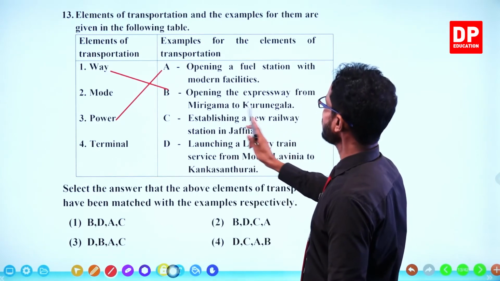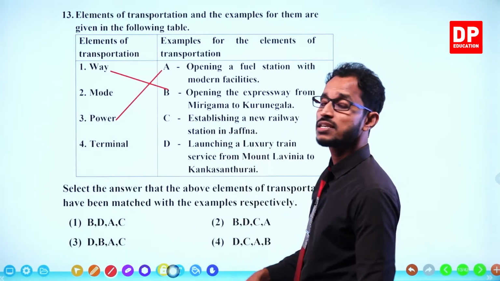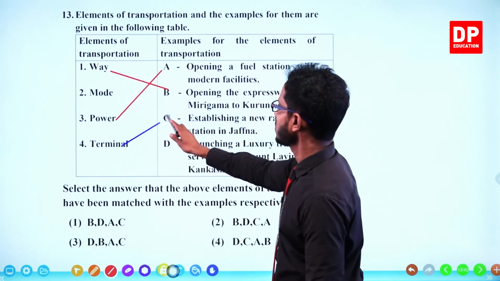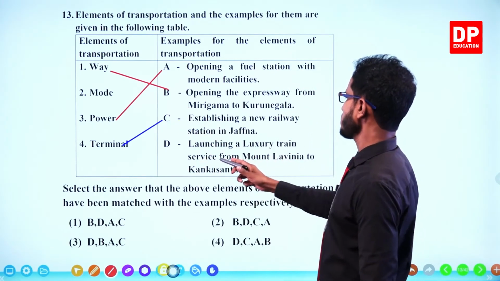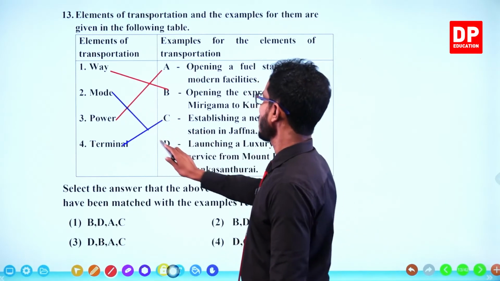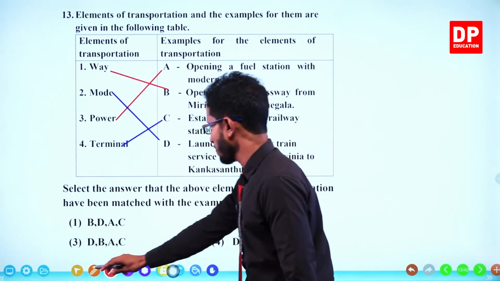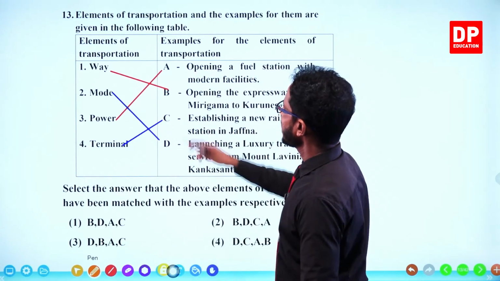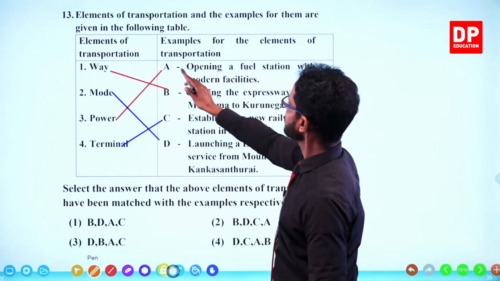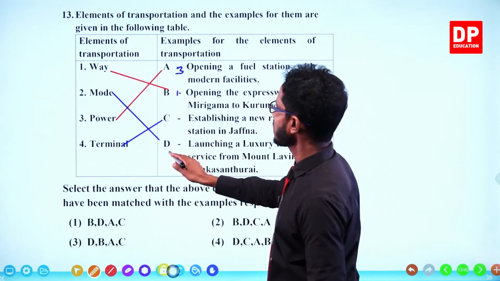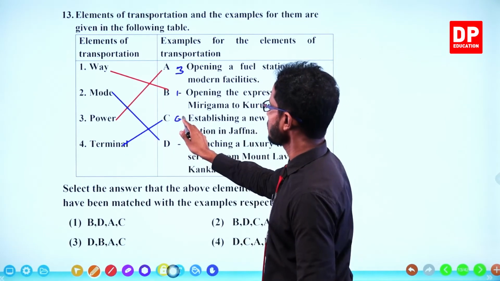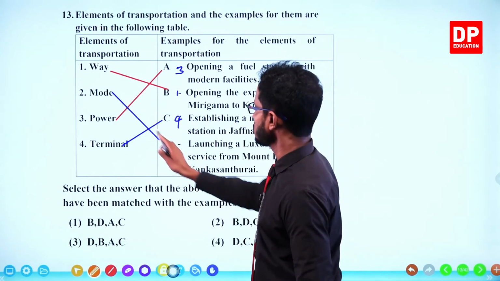Establishing a new railway station, that is terminal. Then D is the mode: launching a luxury train service from Mount Lavinia. No problem. A is matched with 3. B is matched with 1. C is matched with 4. D is matched with 2.